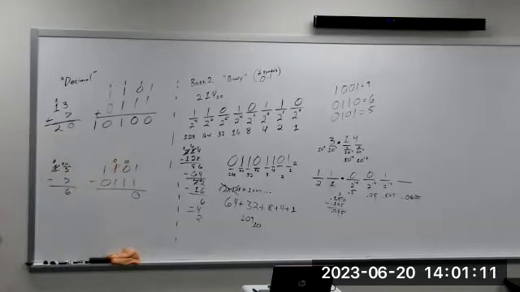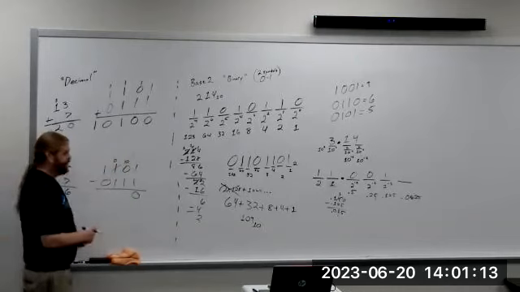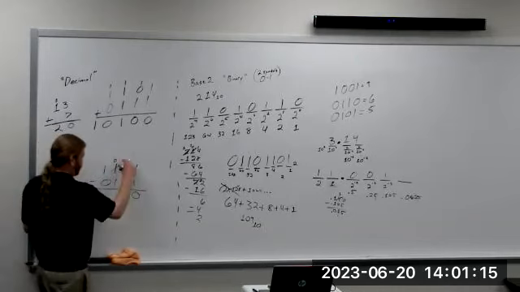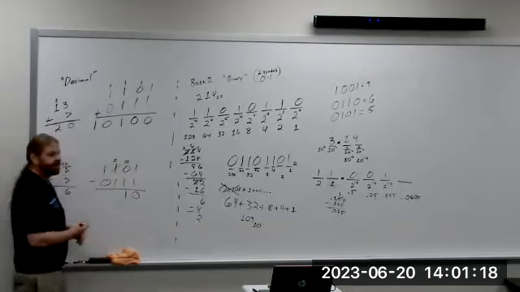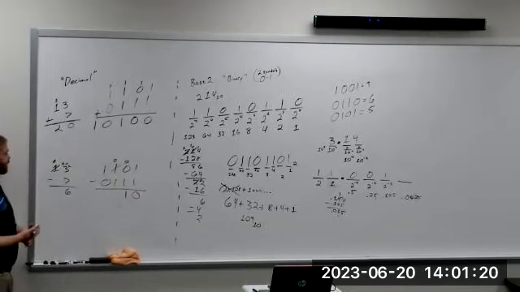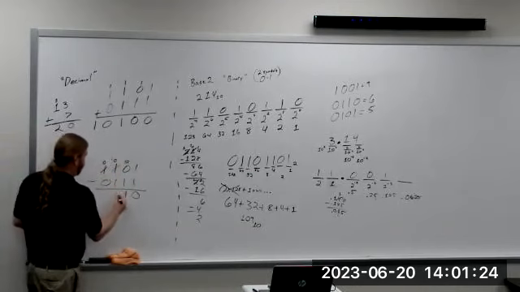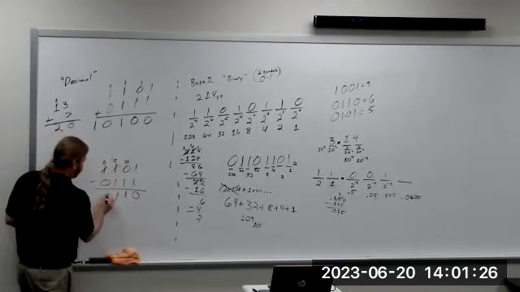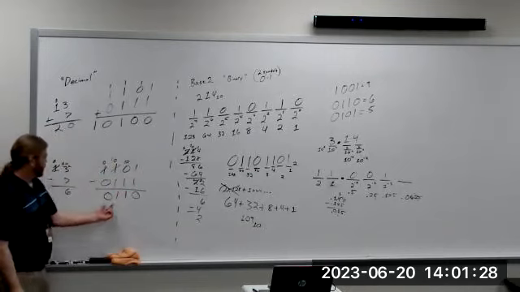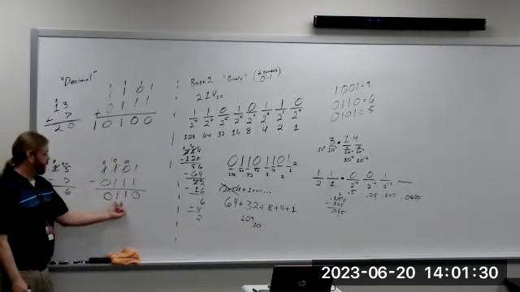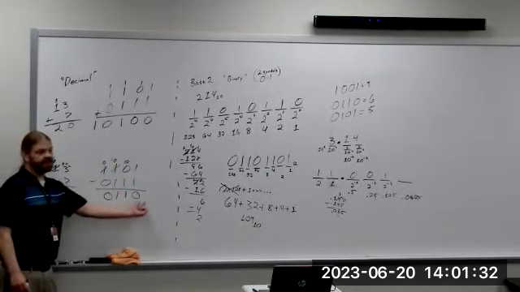That's the one that throws people off at first when they bring that over. 2 minus 1 is 1. Same thing here. We need to borrow. 2 minus 1 leaves us 1, and 0 minus 0 leaves us 0. 8, 4 plus 2 is 6.